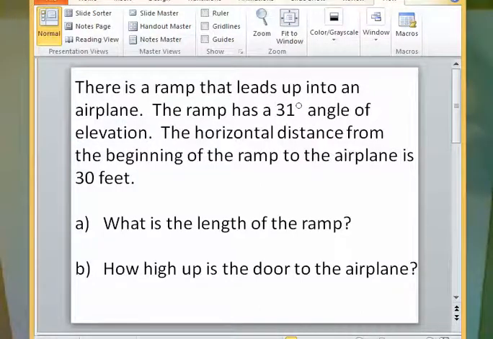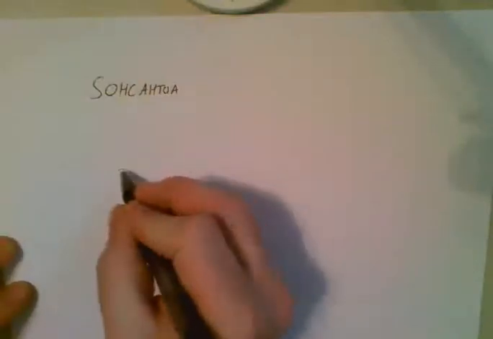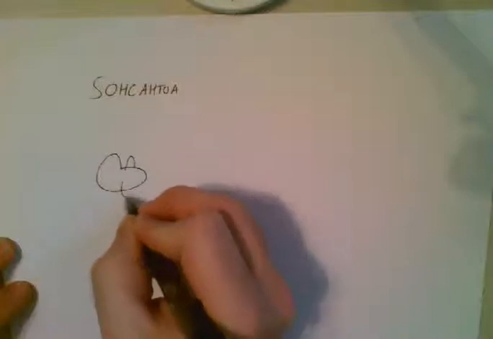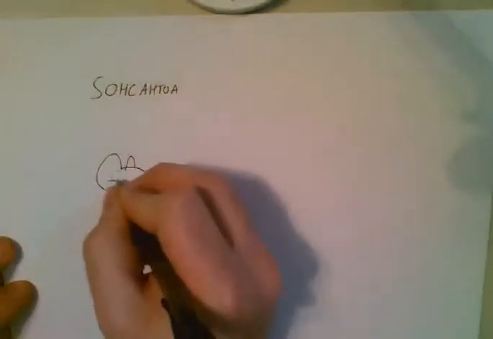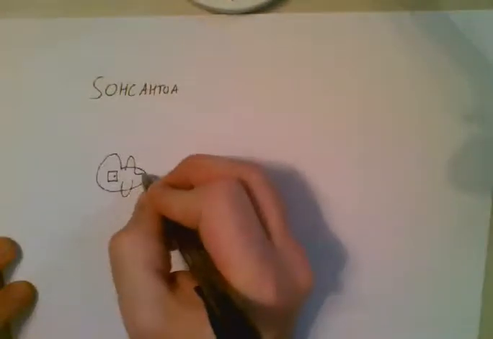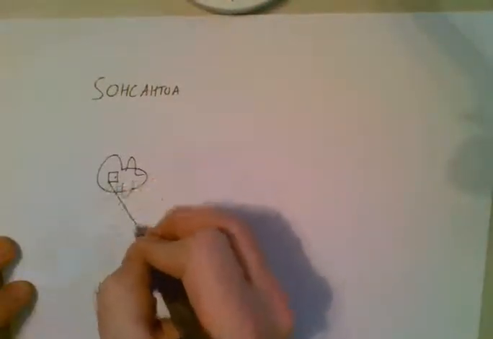Alright, so let's get a good picture of this, and we have an airplane. As those of you that were here today saw, my drawing skills are not the best, but at least it gets the point across. So there's my airplane, and there's some kind of door to get into the airplane. There's the cockpit, and we've got some kind of ramp.